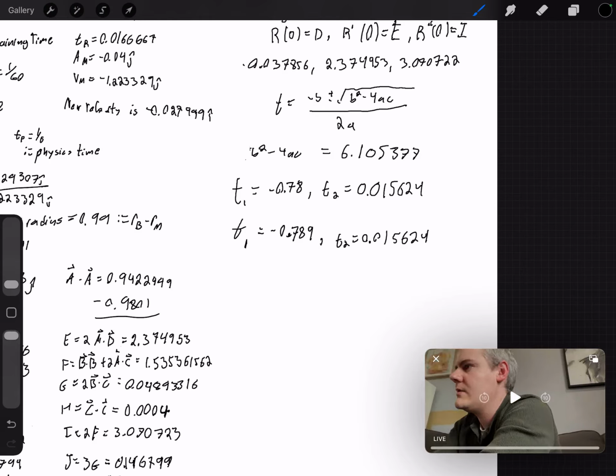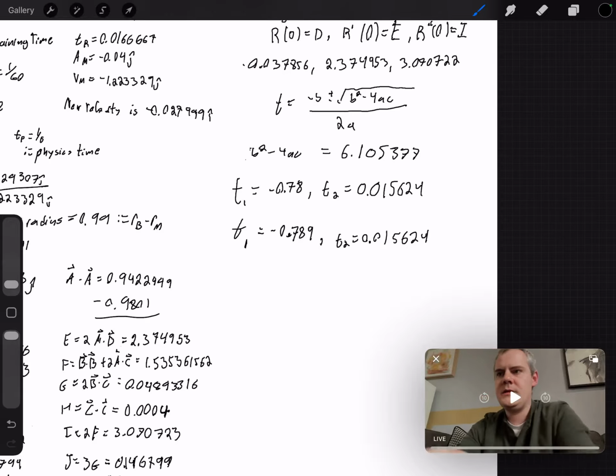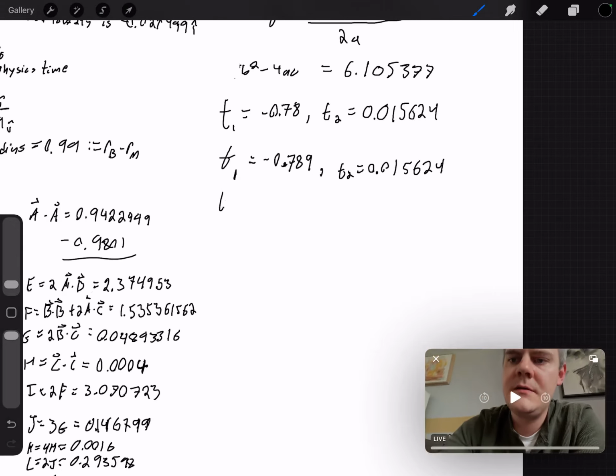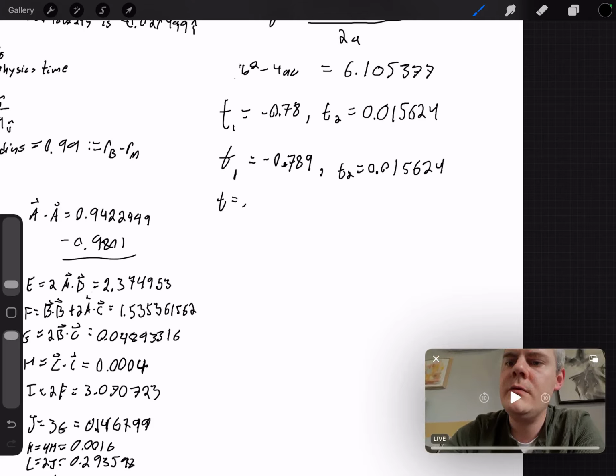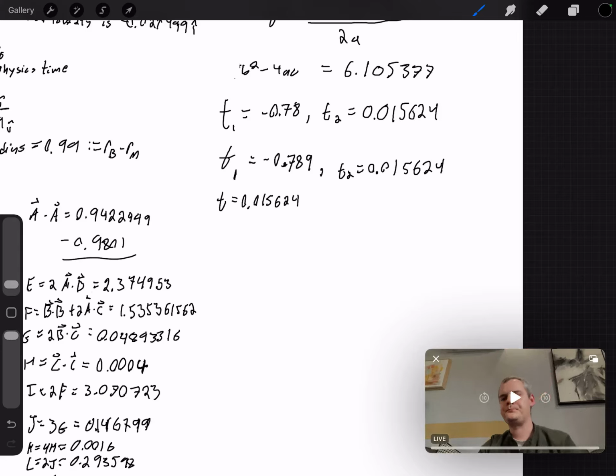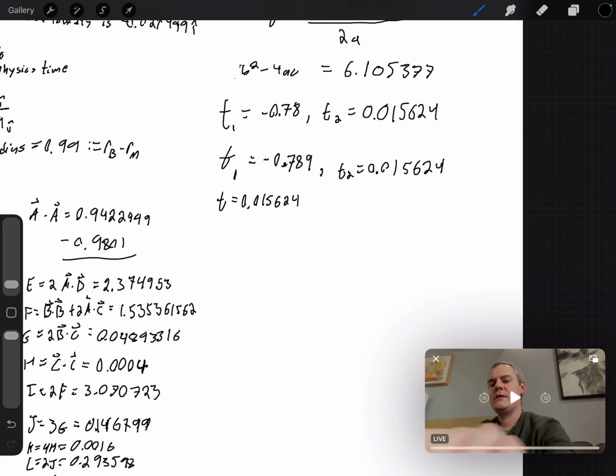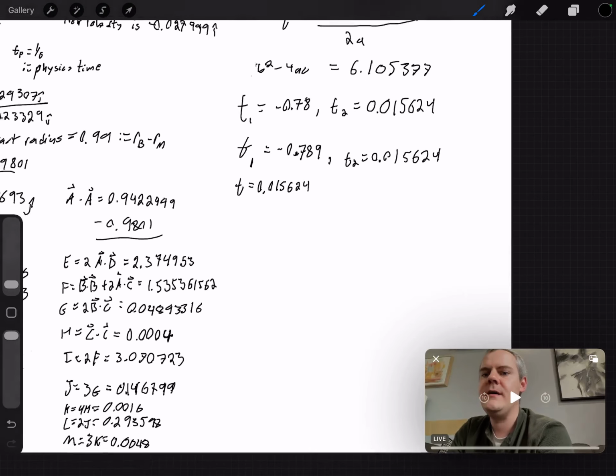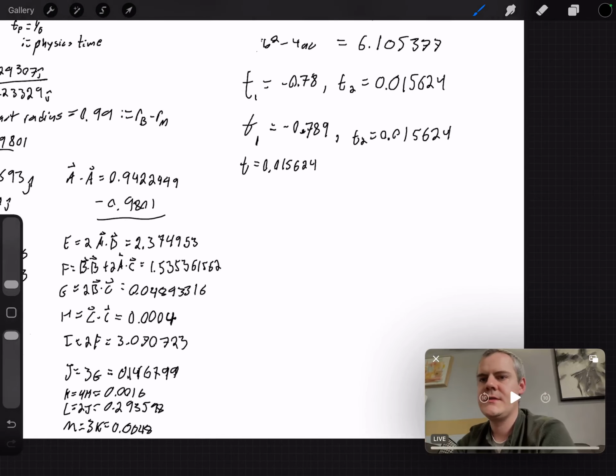I don't know how to interpret these values the next time through. I guess I need to do what the code does: t is now equal to 0.015624, and I need to go back and get new a, b, and c values and see if this is converging.